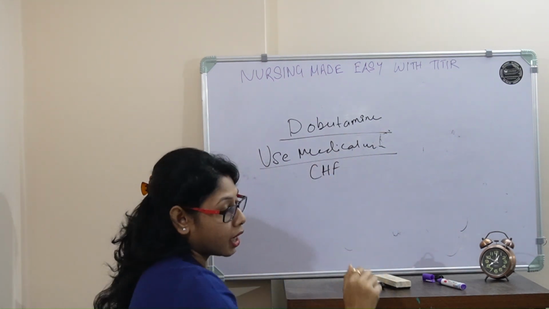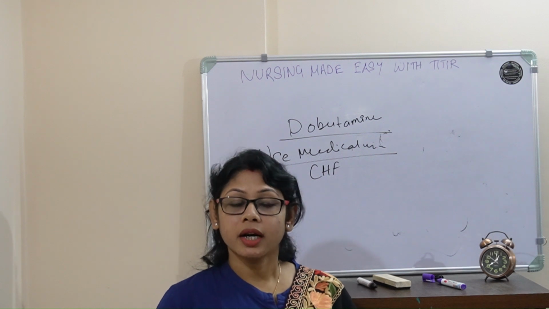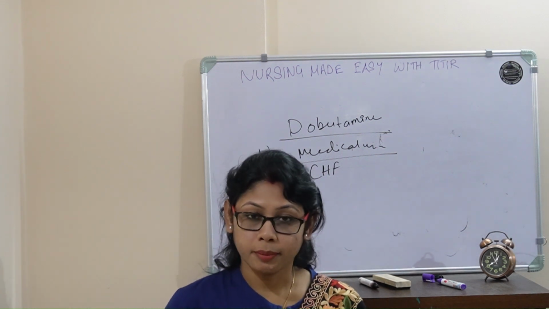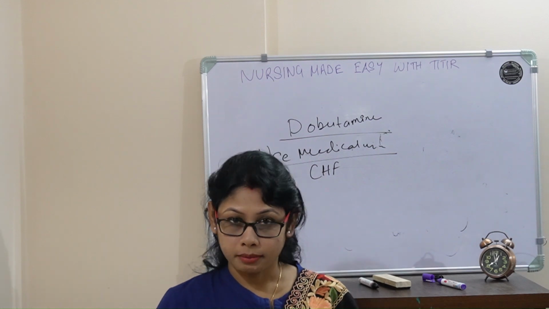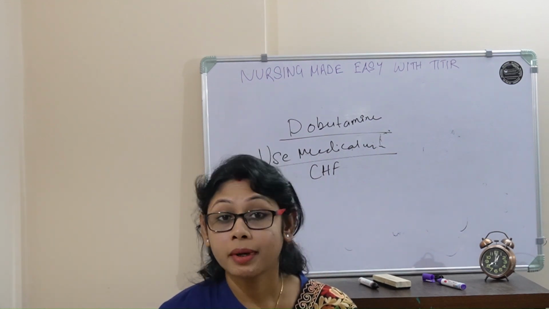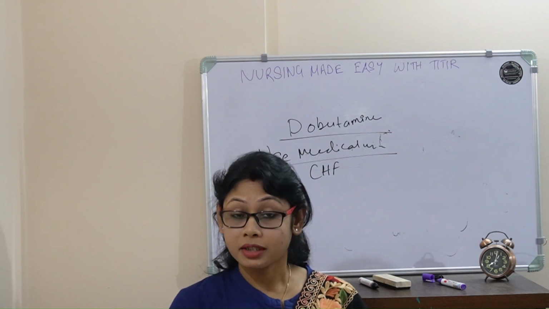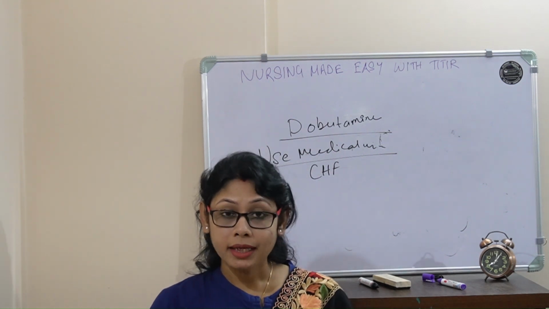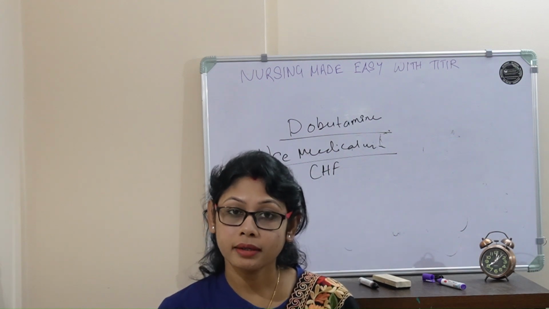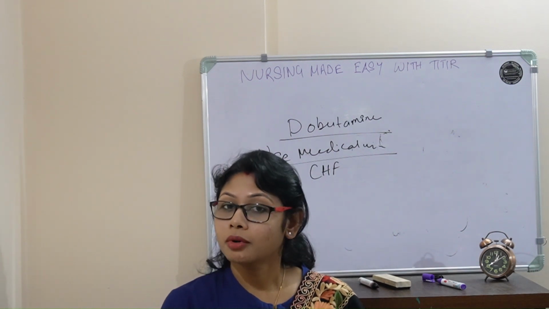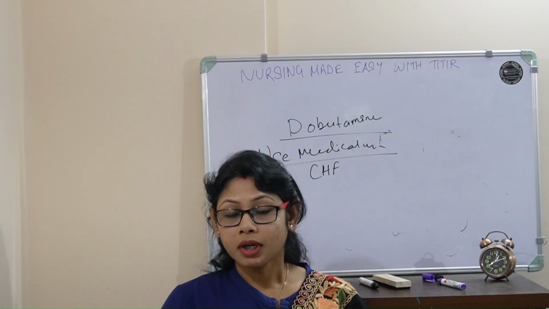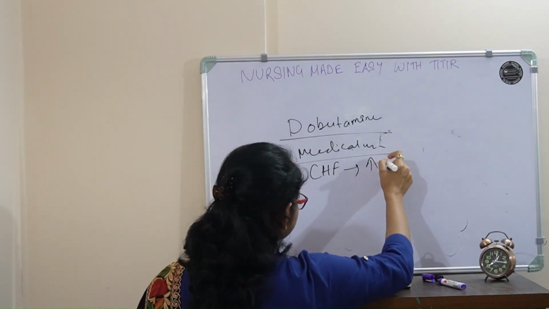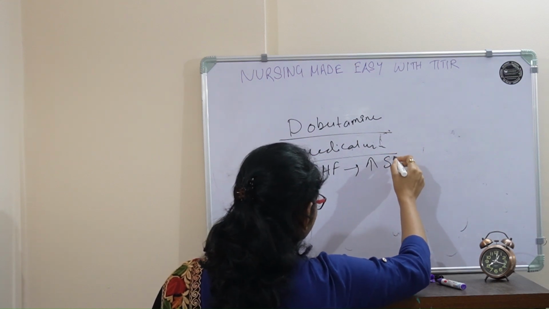If the heart is not pumping adequate blood properly, because of hypertrophy of the myocardial muscles, it will improve myocardial contractility because it acts on the beta-1 adrenergic receptor. As it improves myocardial contractility, the pumping effect will be more. So there will be more cardiac output, and stroke volume will be increased.